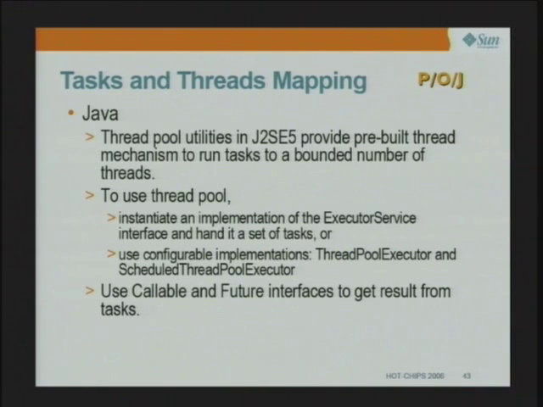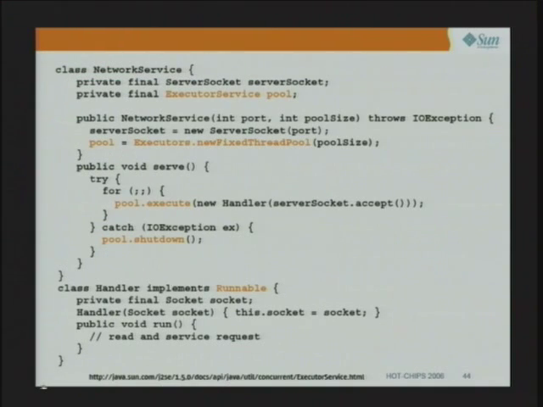So for Java, you can have the thread pool utility, and it has built-in mechanisms for you to assign a task to a bounded number of threads. So this shows an example here.